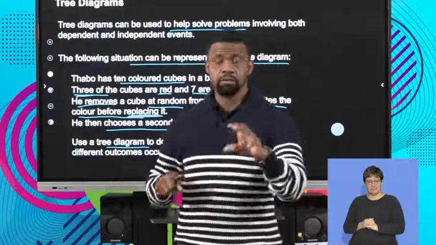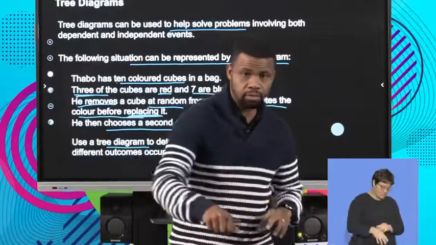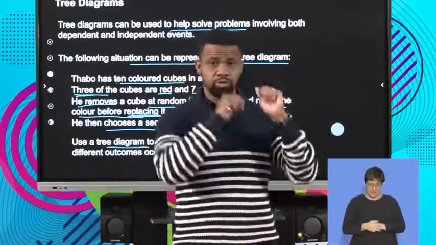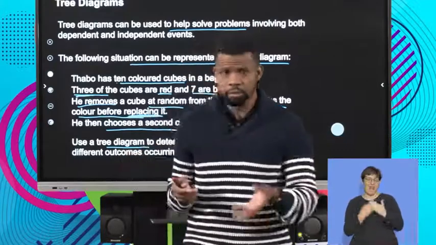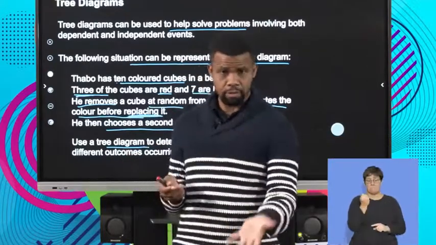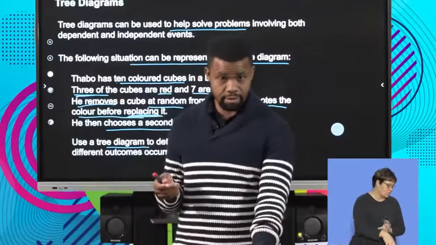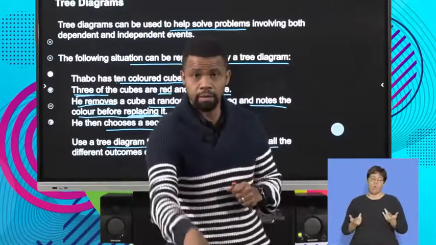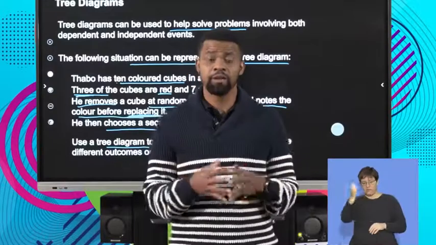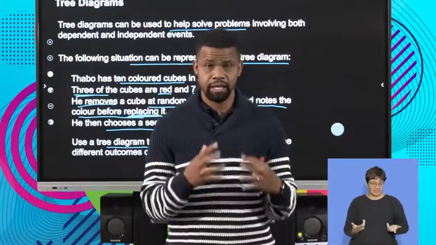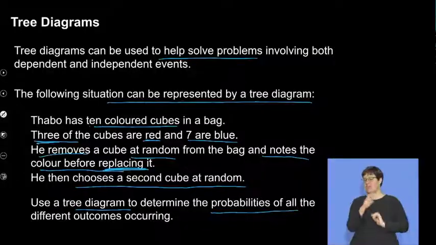Take a ball, put it back, take a ball, put it back. Draw the tree diagram and show the possible outcomes. What is an outcome? We could get blue, put it back, and get blue again. Or we get red, put it back, and get blue. Those are the outcomes we can have. Let's see how a tree diagram looks.